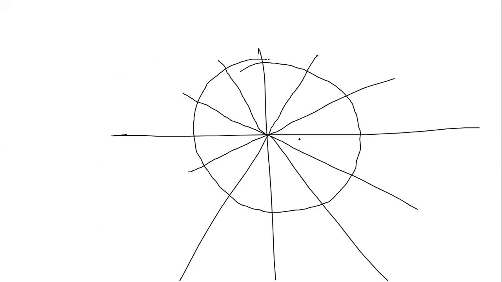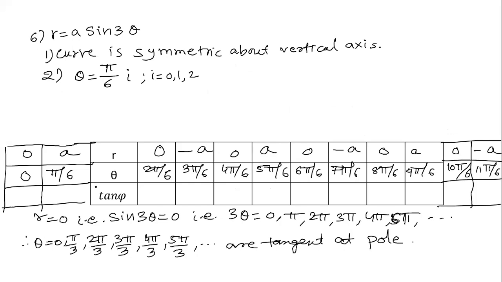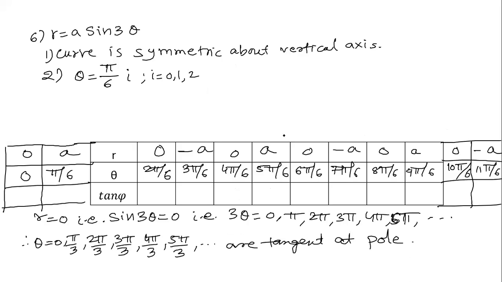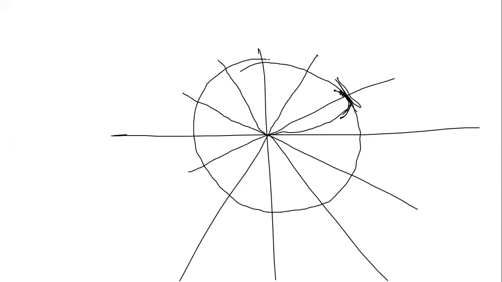Now theta equal to pi by 6, r equal to a. This is going to be the nature, and we know that theta equal to 0 is tangent at origin, and theta equal to pi by 3 is another tangent at origin. So this is the first loop.